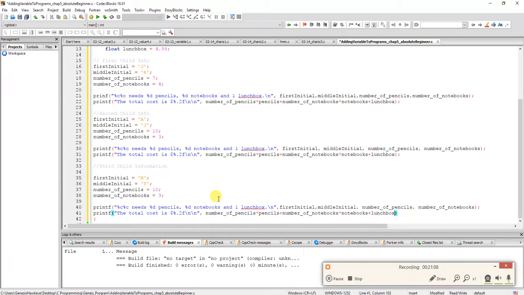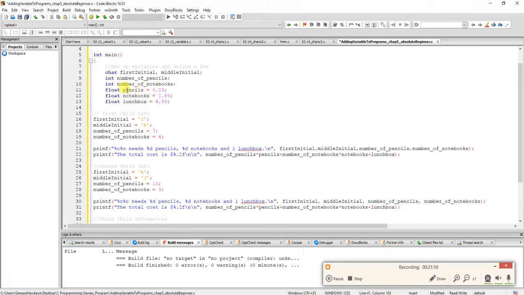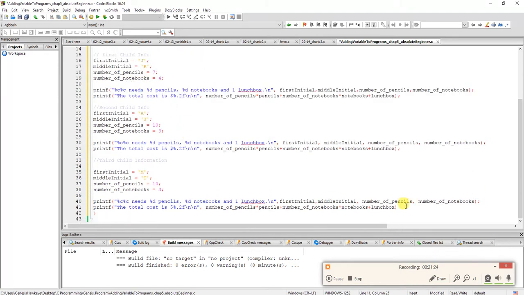That's a floating point here. Right? So what we have done again is take the number of pencils times the value of pencils, number of notebooks times the cost of notebooks, and 1 lunchbox, and add them all up. And the computer should calculate this for us.